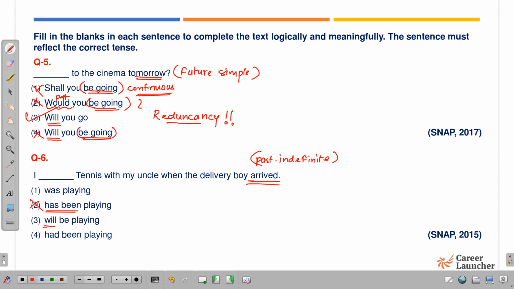I will be is like can't happen. The tense is not consistent. This is future then. Had been playing is again the past. So I had been playing tennis when the delivery boy arrived. I think it is again that the playing was completed, but we have no hint of it. So I think we should go with the first one, that I was playing.